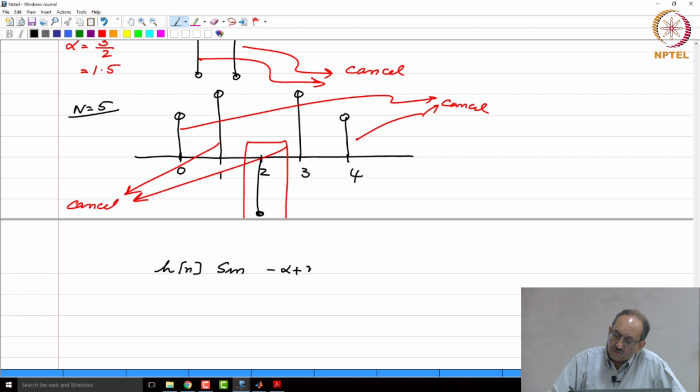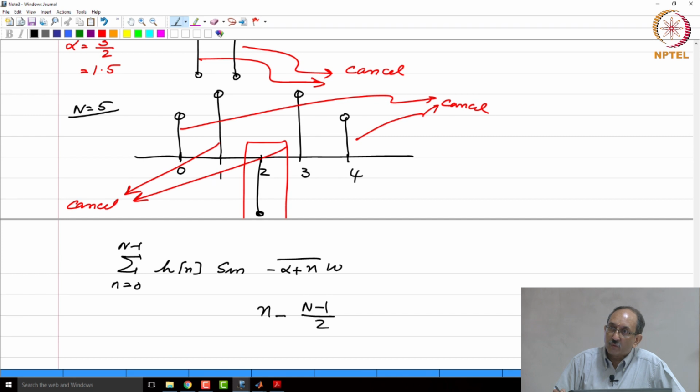But remember we are looking at h of n sin of minus alpha plus n omega. So, this goes from 0 to n minus 1. In this particular case, alpha is 5 minus 1 by 2, which is 2. Notice that this sample corresponds to little n equal to 2, all right.